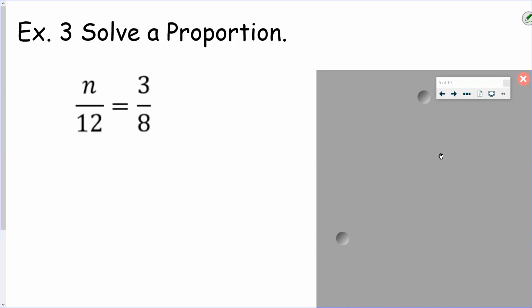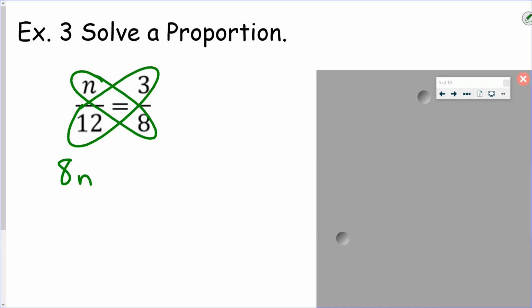It's not something that we know off the top of our head. So what we can use is our cross product. 8 times n is going to give us 8n. 12 times 3 is going to give us 36. We set them equal to each other. Look what we have here. We have a one-step equation.